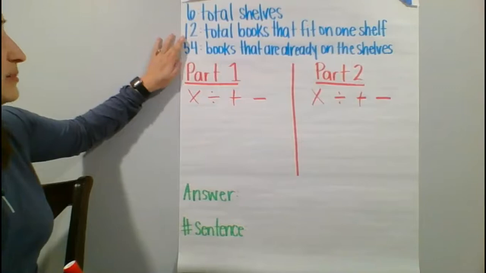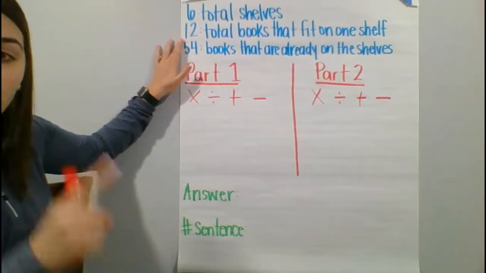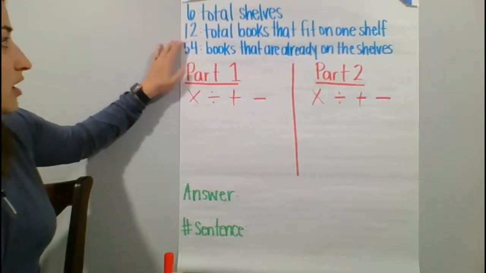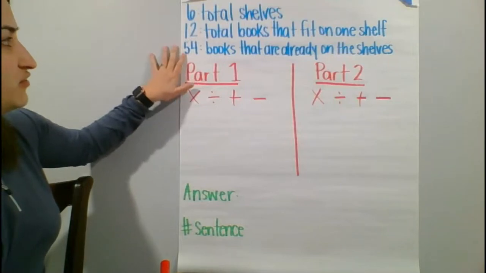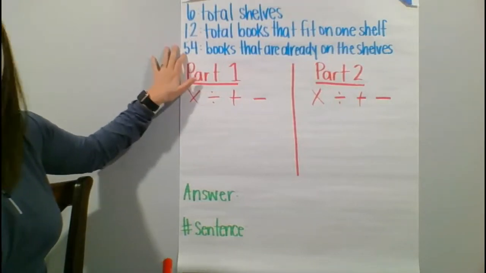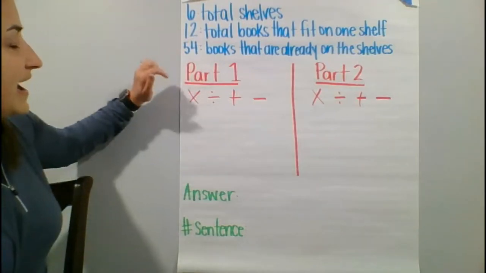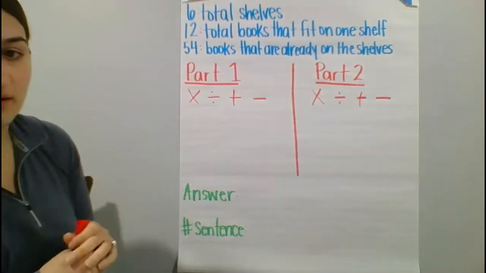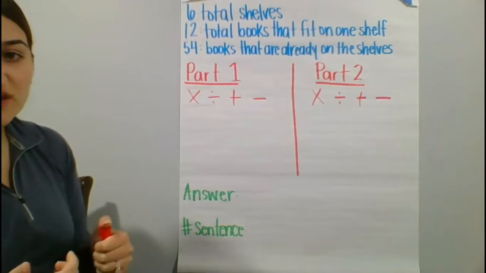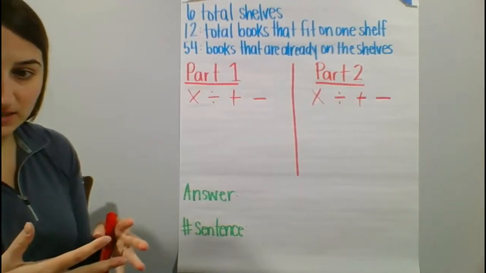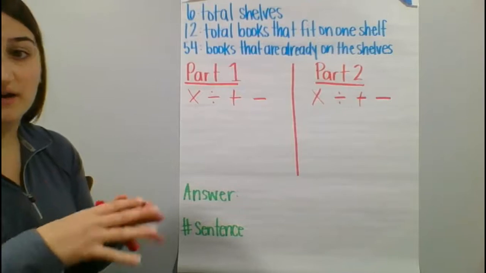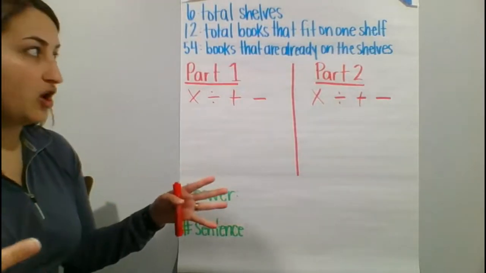The 12 represents the total number of books that fit on one of the 6 shelves. And 54 represents the number of books that they've already placed on the shelves. Looking at the first part of the question, we want to figure out how many places they have on the shelves that are going to fit all of the books.